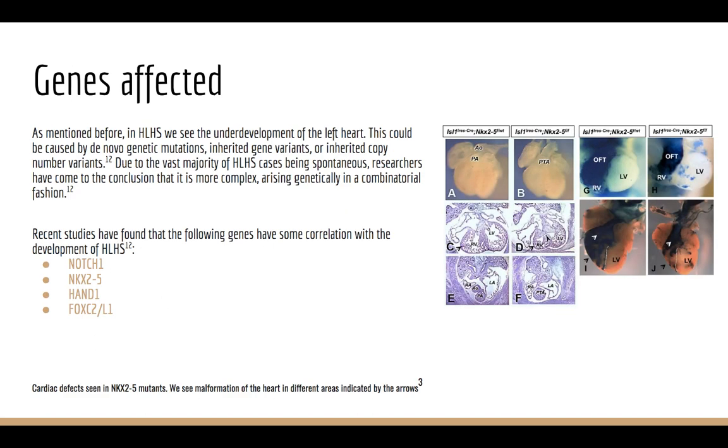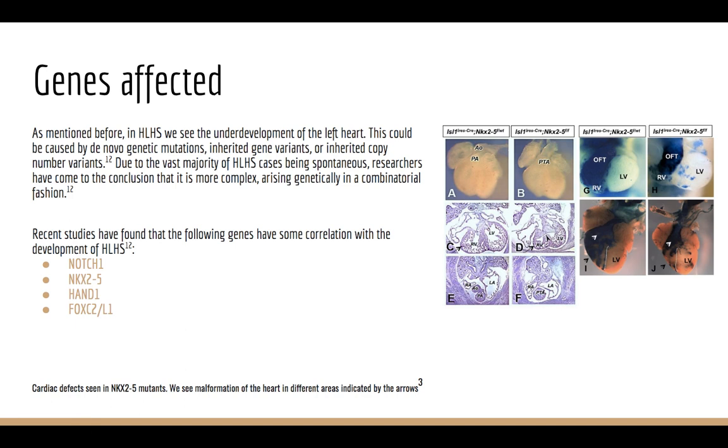What are some genes that are responsible for HLHS? Mutations in genes such as Notch1, NKX2-5, HAND1, and FOXC2/L1 give rise to HLHS. Let's talk about NKX2-5. NKX2-5 is one of the first transcription factors of cardiac mesoderm identified. It works through the Wnt pathway.